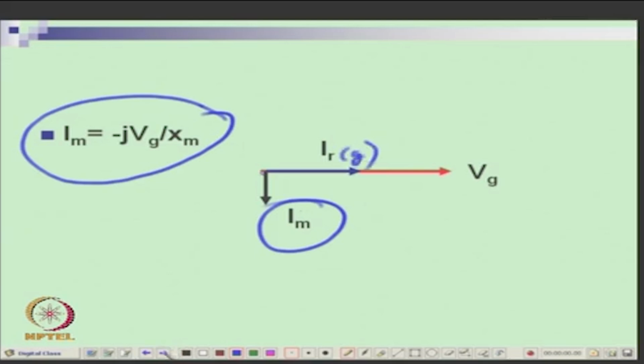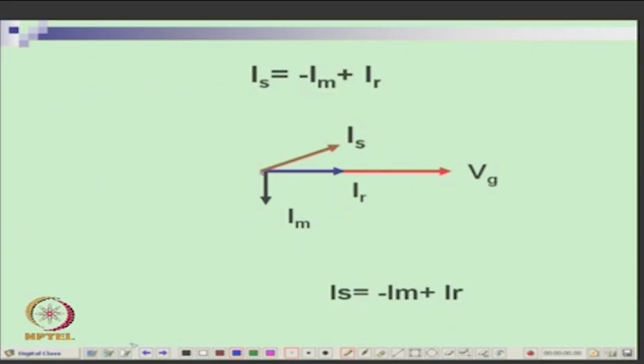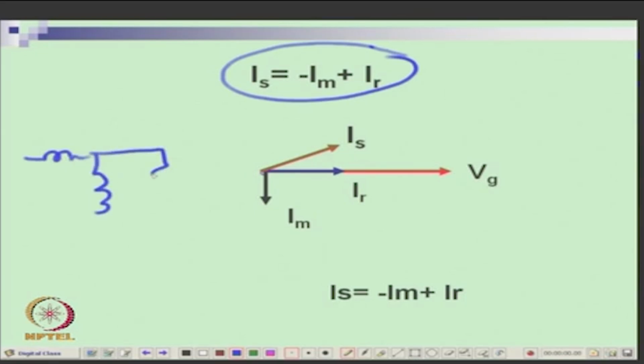And if you look at that equivalent circuit, in generator convention your IS is here, IR is here and IM is here. So, what will be IS now? It will be IR minus IM, is it not? So, you have IR and minus IM, that will be here.